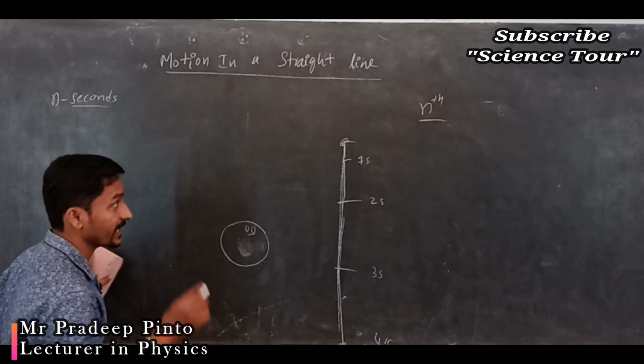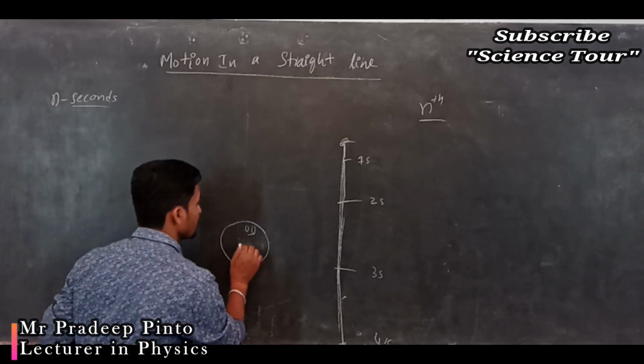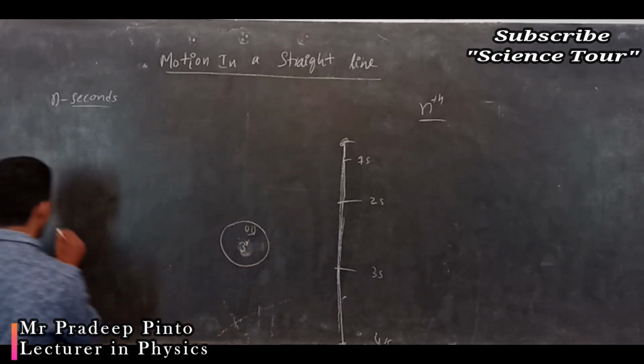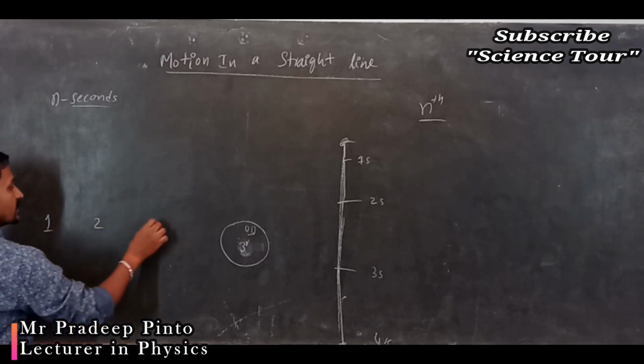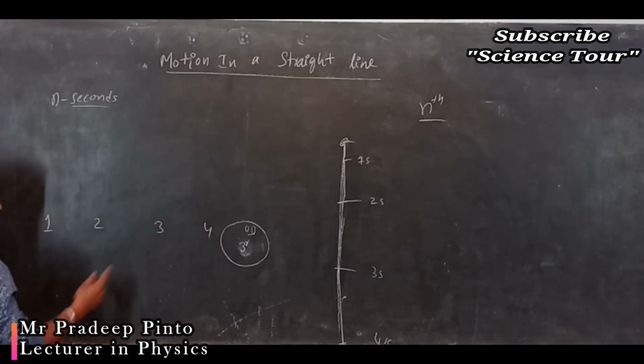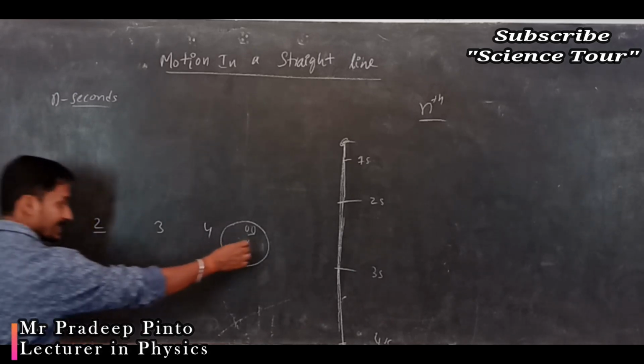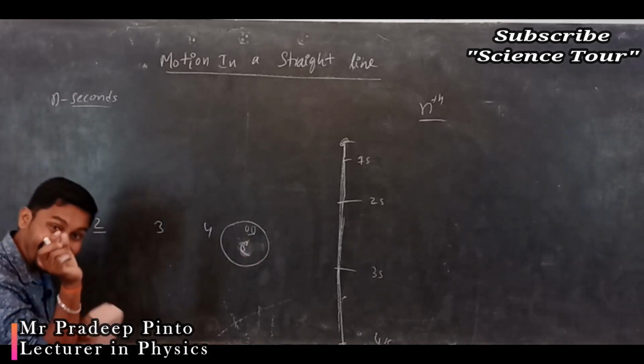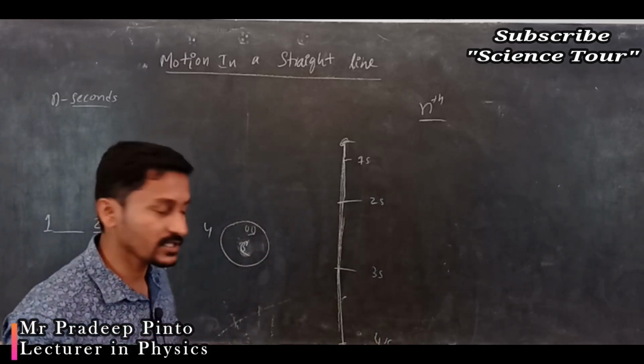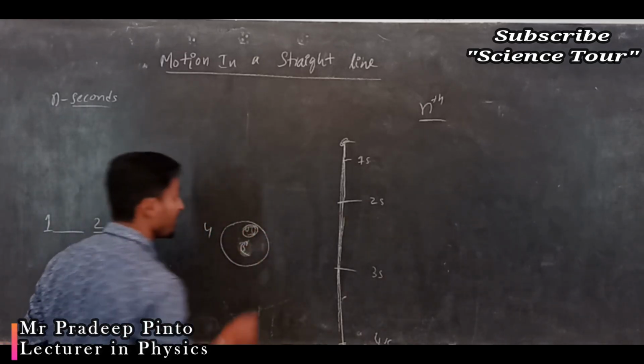But what is the nth second? Nth second means, for example, the 3rd second. See, 1 second is done, 2 seconds done, 3 seconds done, 4 seconds done. In the stop clock, from 1 to 2 there is a certain time limit of 100 divisions.